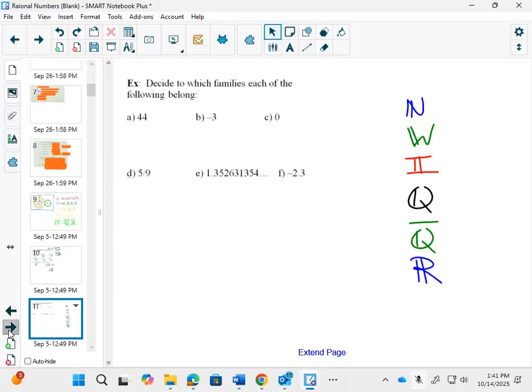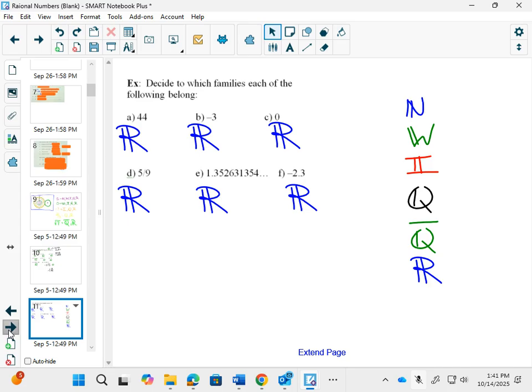So, next question. Decide which families it all belongs to. First of all, these are all numbers, so we can put R for all of them. They're all real numbers. That part's easy.